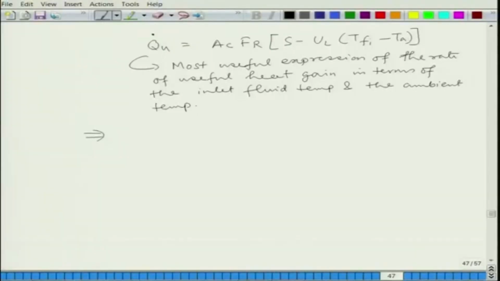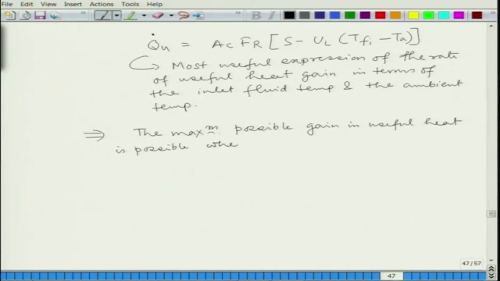So, if we bring down that heat transfer analogy again, what we can write is that the maximum possible gain in useful heat is possible when the loss is minimum, right. That is the basic underlying philosophy, that if you want to maximize the gain, you have to minimize the loss.